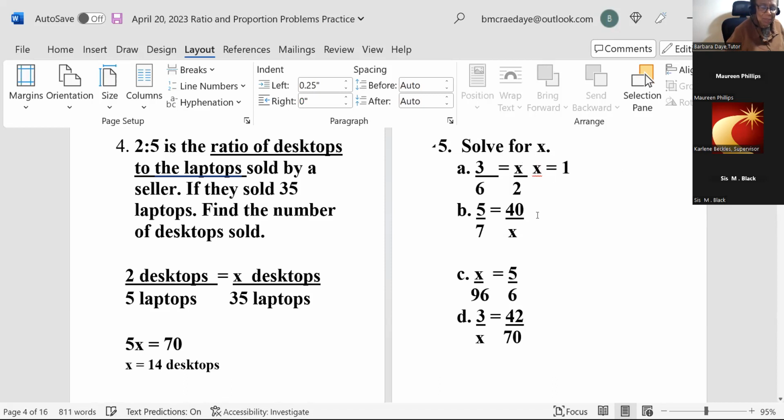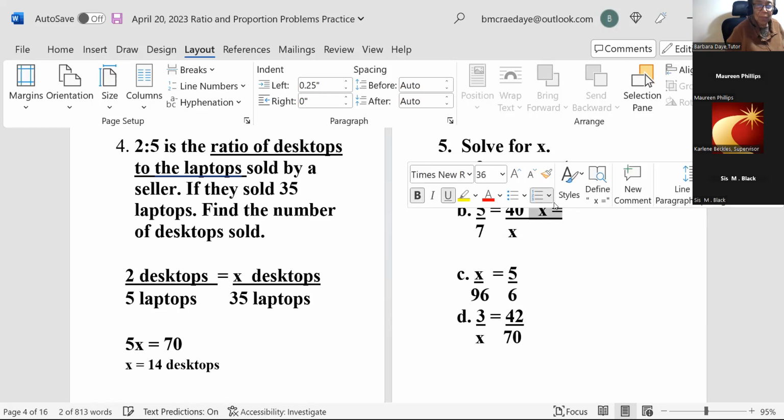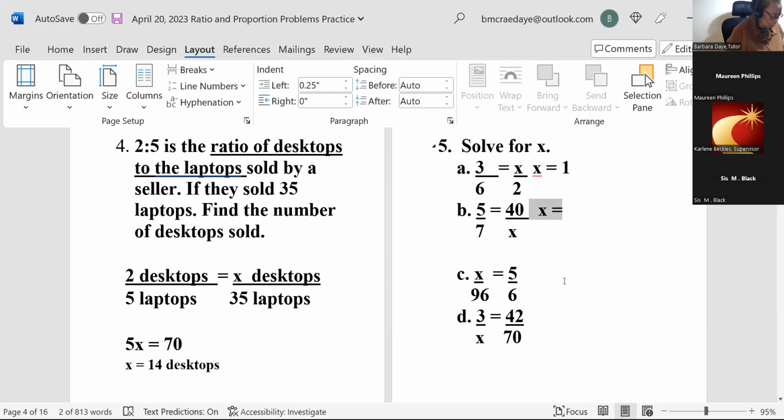So, Mercedes, what'd you get for B? X equals what? Just a minute, let me see if I get the answer. X equals 56. Am I wrong? No, that's correct.